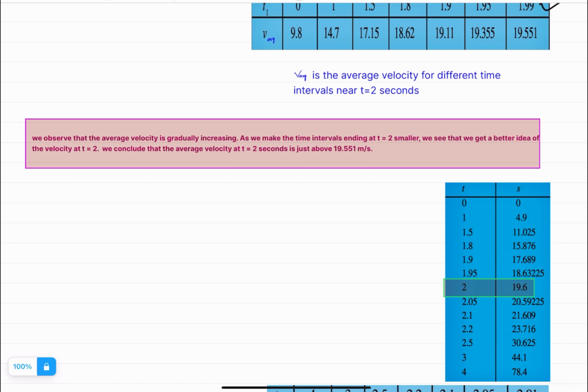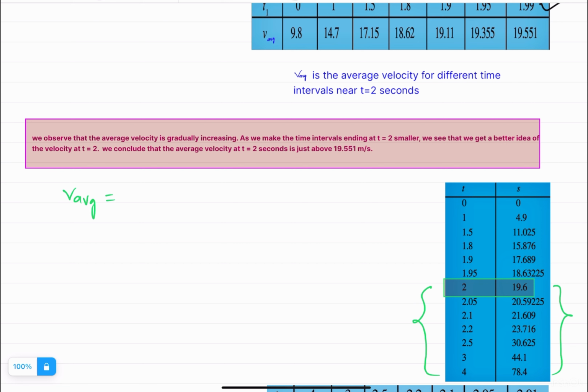Now, first, we will take the time interval 2 and 4 seconds. The distance traveled for this interval is this. Computing average velocity, we have distance traveled by time elapsed.